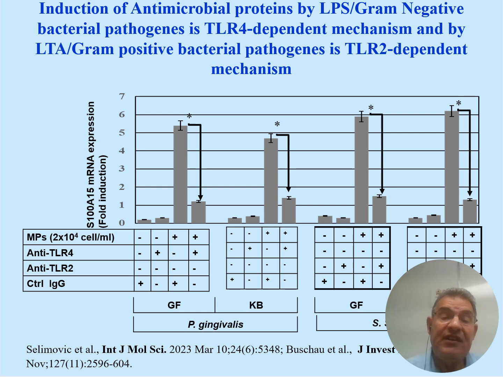And we could show that toll-like receptor 4 is responsible for the modulation of gram-positive bacteria or lipoteichoic acid-induced expression of the antimicrobial protein S100A15, while toll-like receptor 2 was responsible for the modulation of gram-negative bacteria.